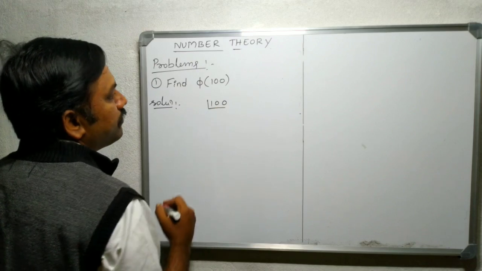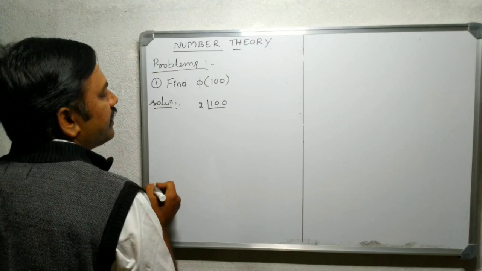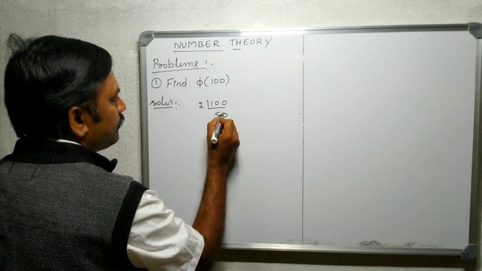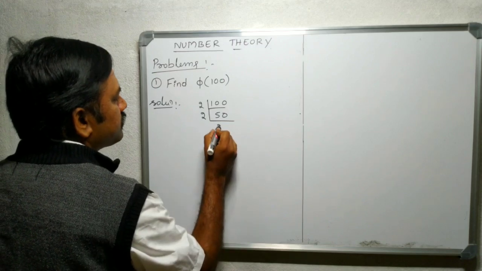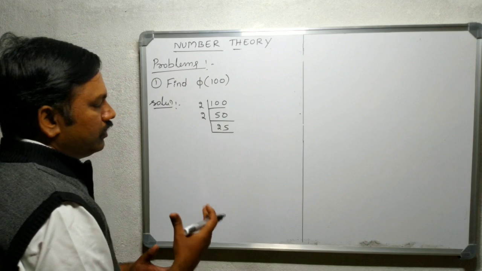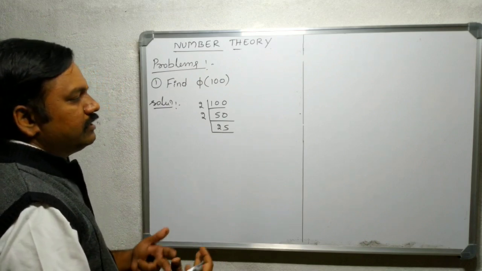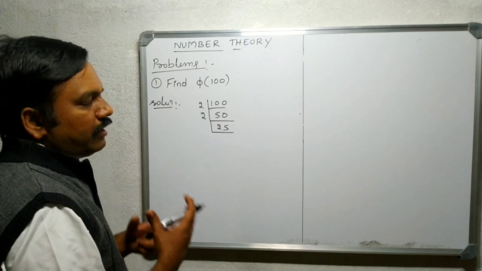First divide from the least prime. The least prime is 2. So divide this 100 by 2, that gives 50. And then divide this 50 by 2, that gives 25. So this 25 is not divided by 2. Next prime number is 3. So from 3, 25 is not divided by 3.